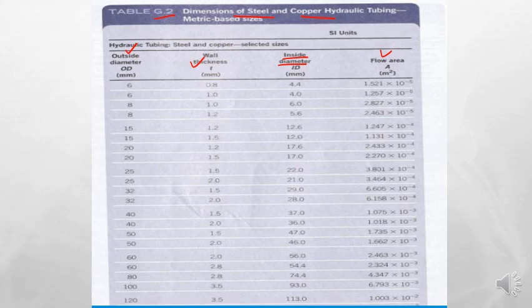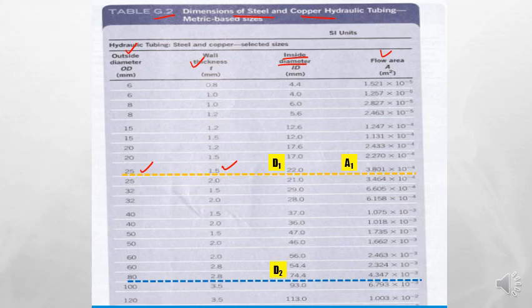Let's start with the smaller diameter D1 first. The outside diameter is 25 and the thickness is 1.5. So the inside diameter is 22 millimeter, and the area given here is 3.801 times 10 to the power of minus 4.